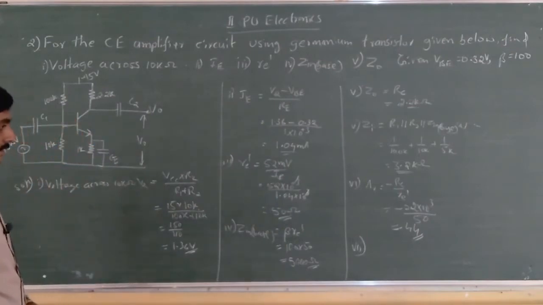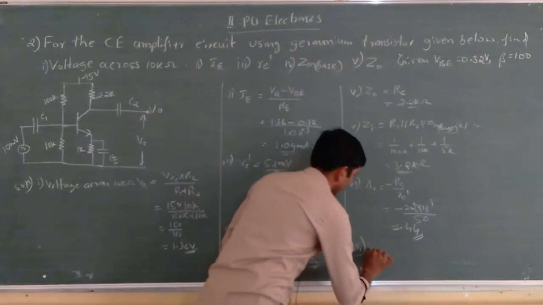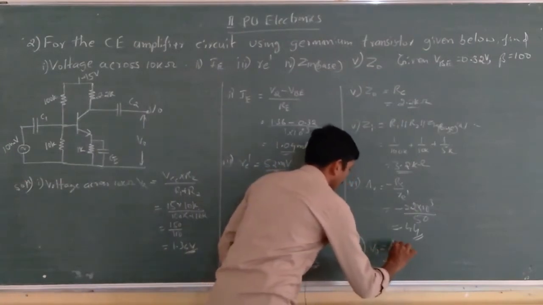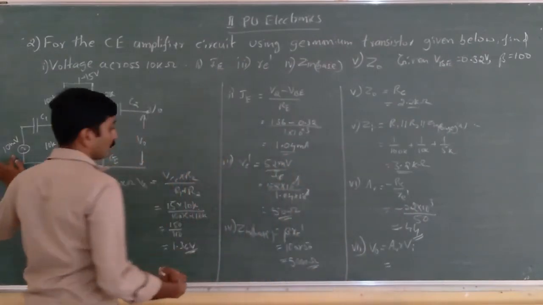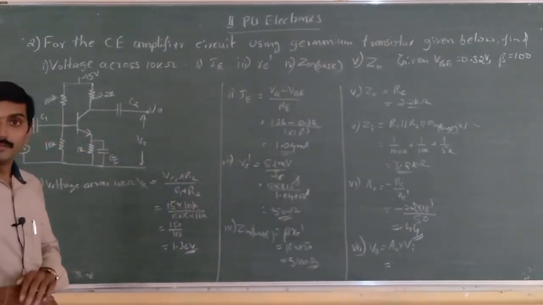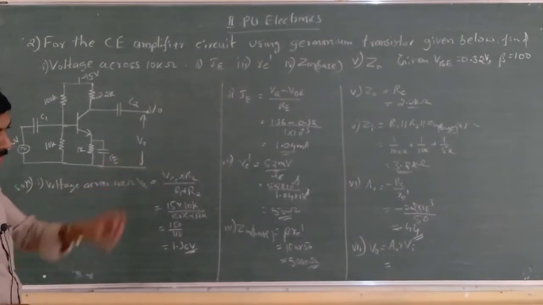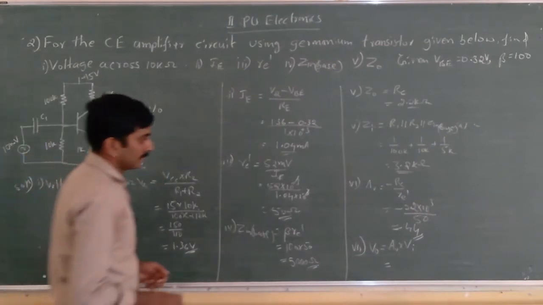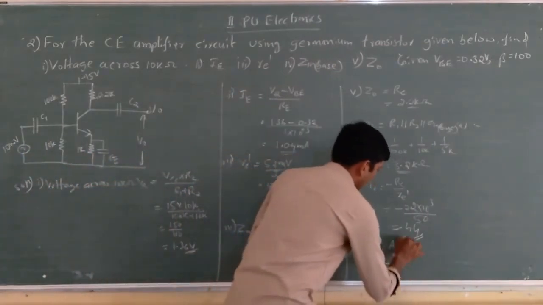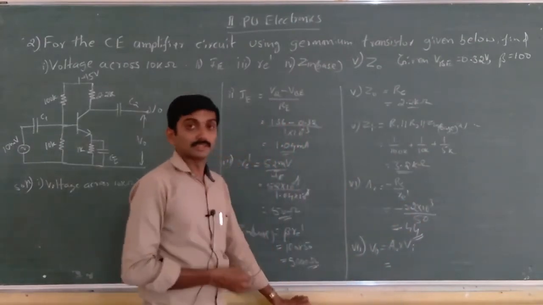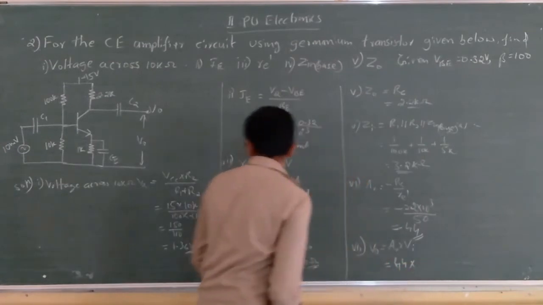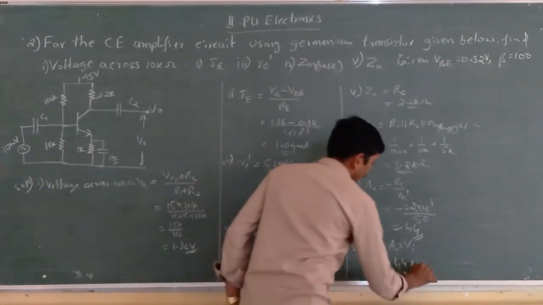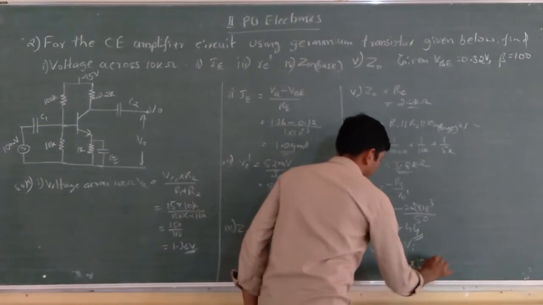Okay. Next question I can add V naught. V naught is equal to AV into VI. Since VI is given here, it is 10 millivolt. So, this question is very much meaningful here. AV is given, that is minus 44, but you need not consider the sign here, just multiply the voltage gain with the input voltage, that is 10 millivolt, 10 into 10 to the power minus 3.